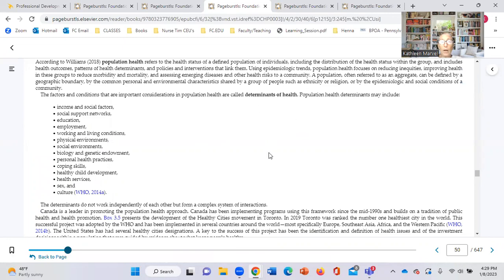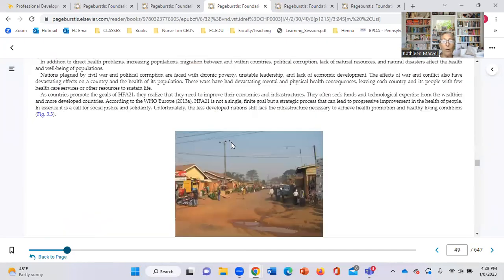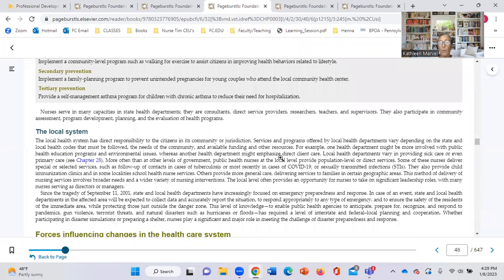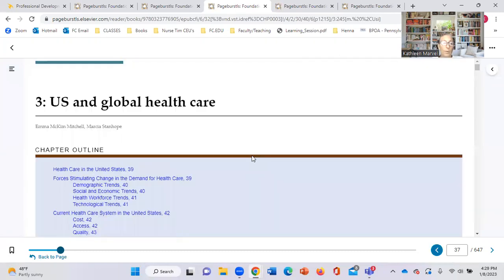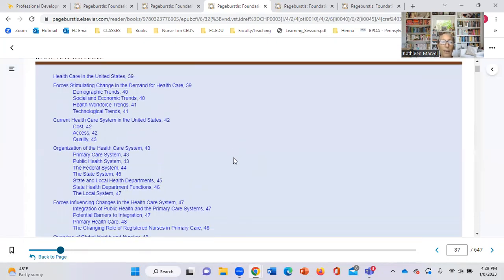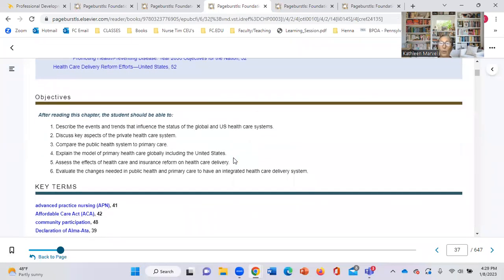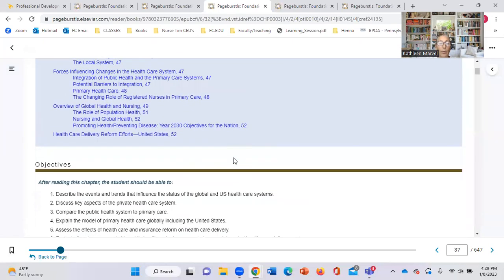What are determinants of health? Okay. It hyperlinks you right down from the outline as well as the key terms. Okay. So if you follow along with your PowerPoint, this is what you're going to get, your chapter outline. And of course, the rest of the chapter is just more detailed information about your chapter outline.